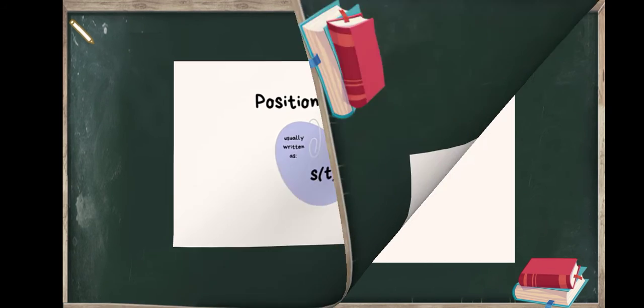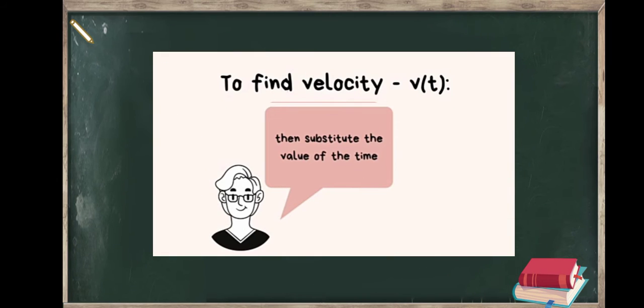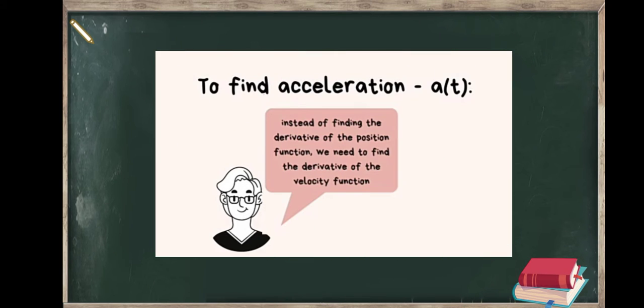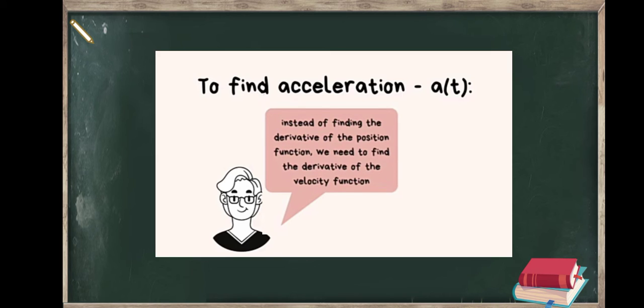To find the velocity at a given time, all we have to do is find the derivative of the function, then substitute the value of the time. The same goes for finding acceleration, except instead of finding the derivative of the position function, we need to find the derivative of the velocity function.